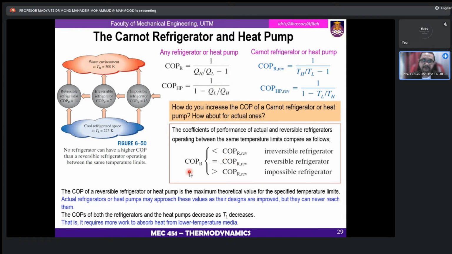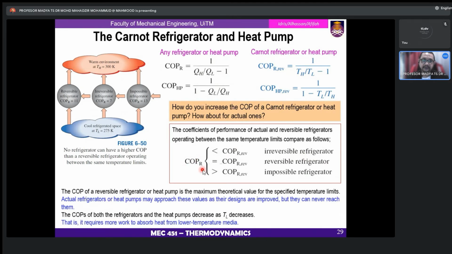If COP refrigerator is less than COP refrigerator reversible, okay, this is for the calculations, for the theoretical, then it is an irreversible refrigerator.